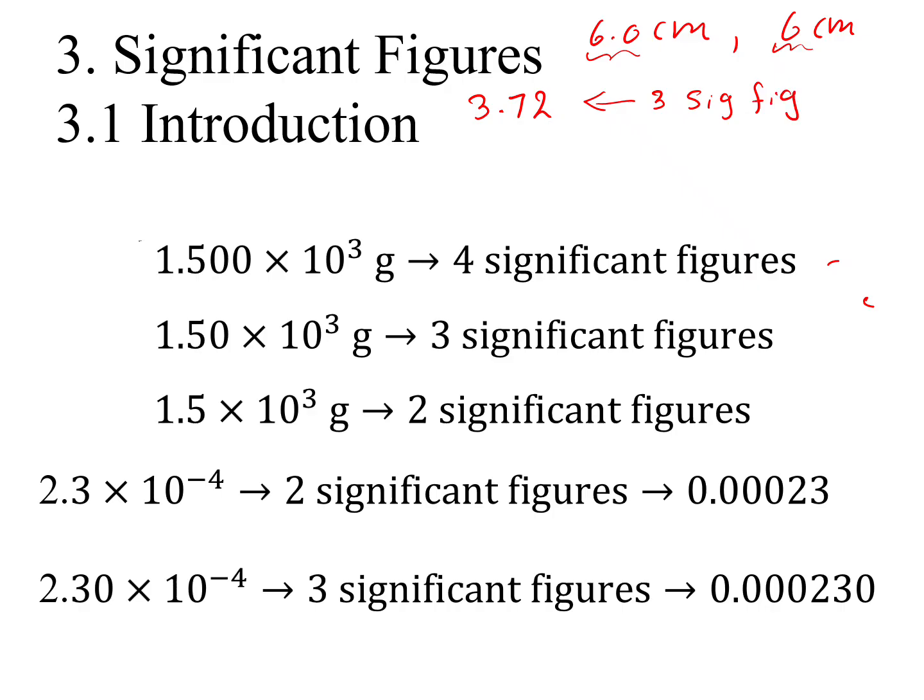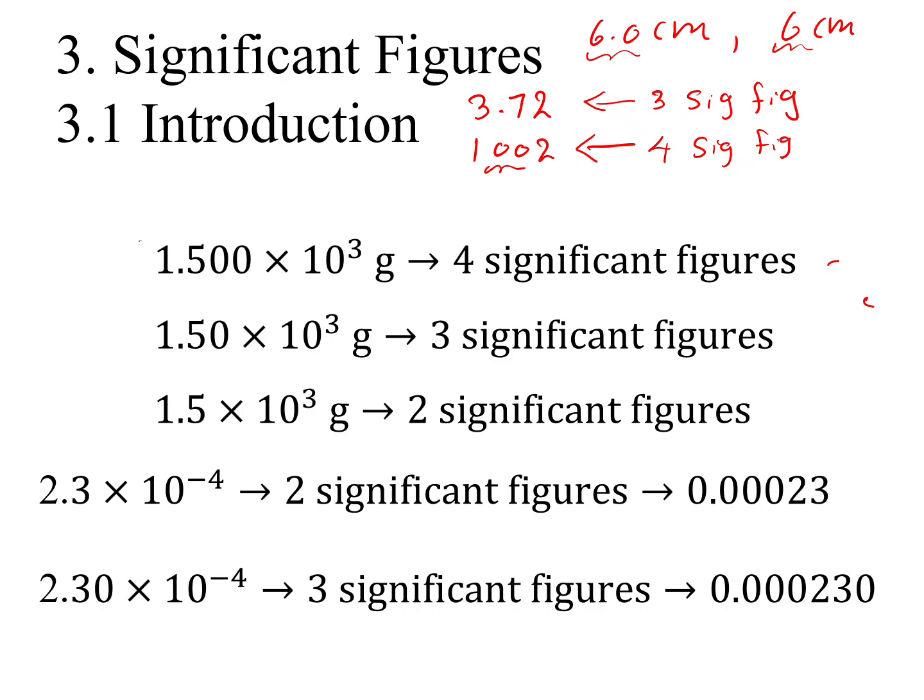The second rule is zeros between non-zero digits are significant. So if you have a number like this, these zeros are significant, so here you have four significant figures.